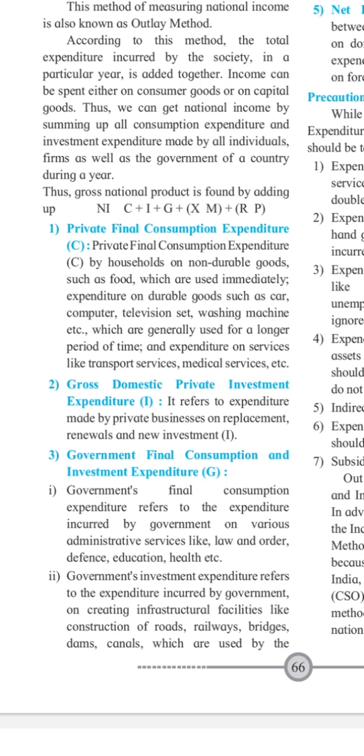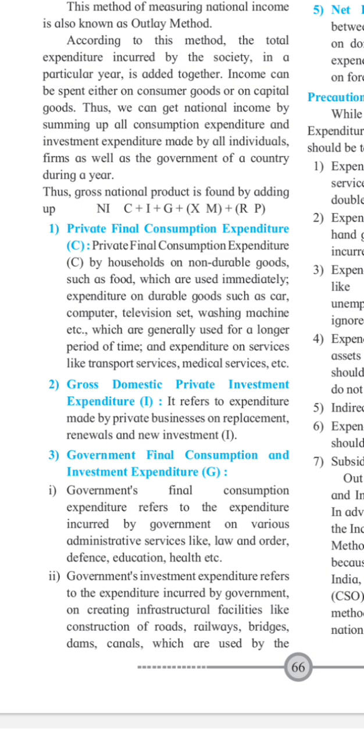Gross domestic private investment expenditure: expenditure made by businesses on machinery, buildings, new investments. Government final consumption and investment expenditure: government spending on defense, education, health, roads, railways, and dams.